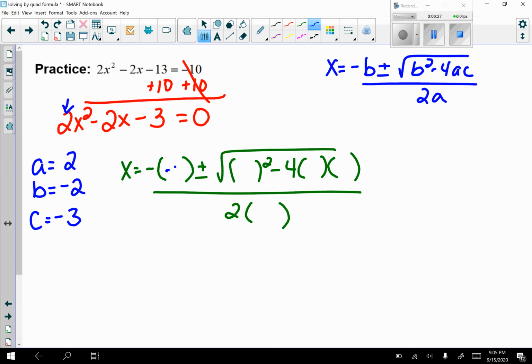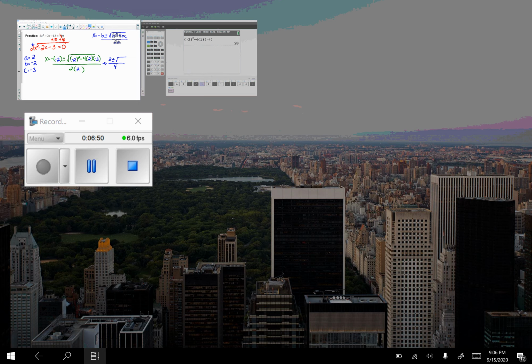So b is negative 2, a is 2, c is negative 3, and a is 2. I have a negative and a negative, which is a positive. I'll come back to my radical part in a second. In my denominator, 2 times 2 should give me 4. So I'm going to go to my calculator.